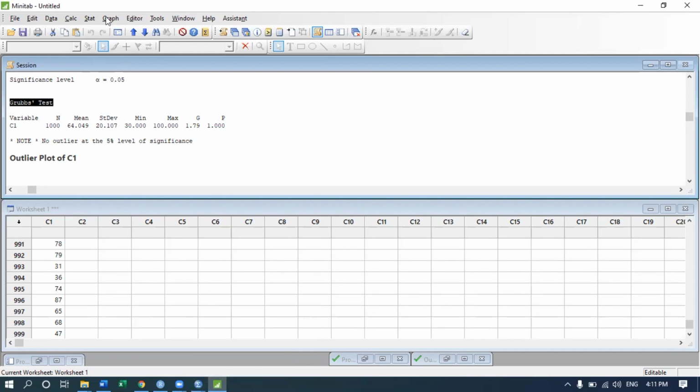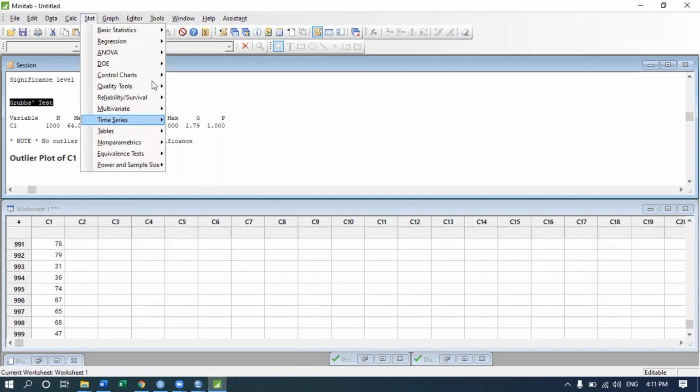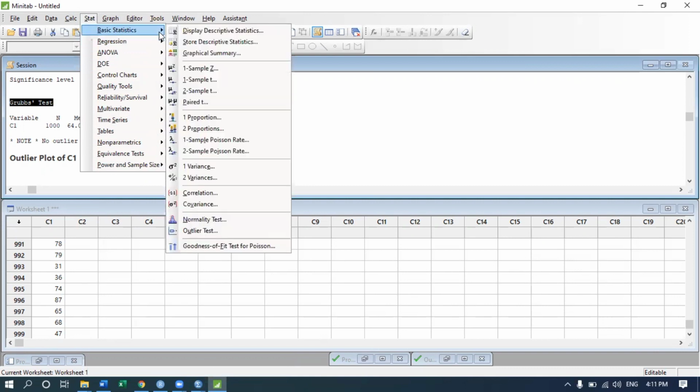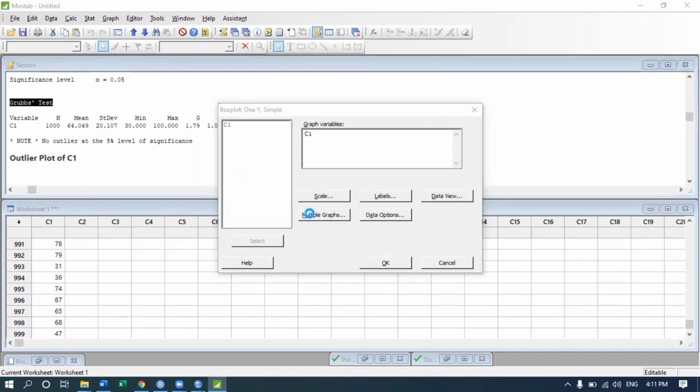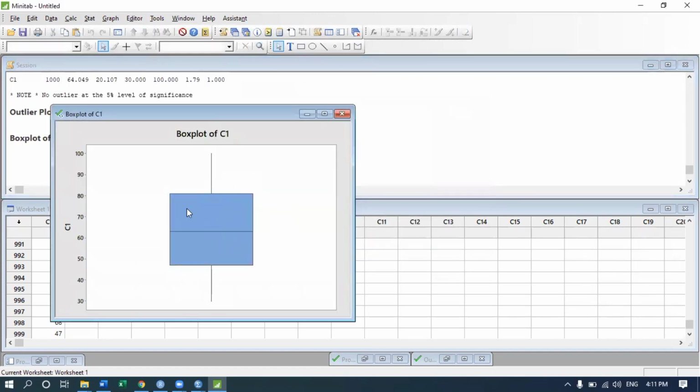This is the first time I'm seeing this. I've not used it before. So it's your choice. Like I said, analysis doesn't have a particular pattern. The box plot also shows that there is no outlier.